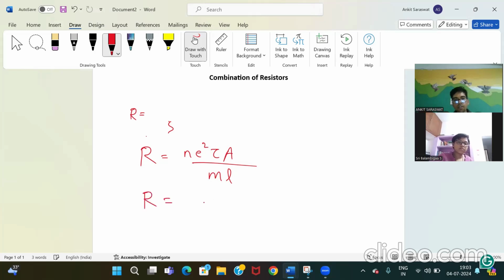If you look at it carefully, this n square tau by M, drift velocity. Wait.